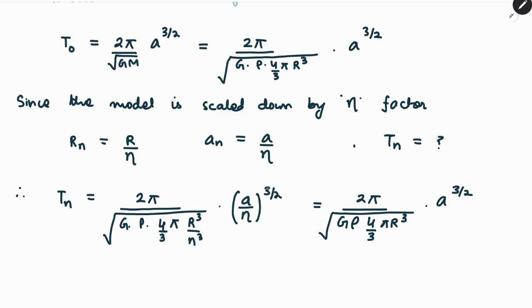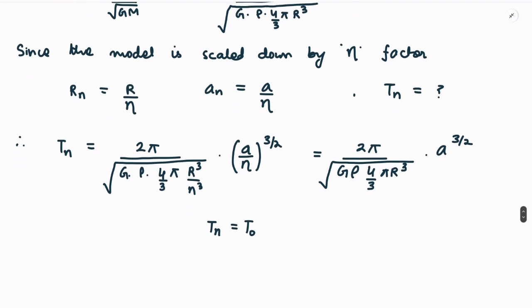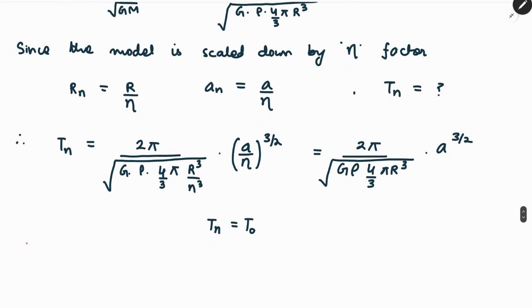So over here eta to the power 3 by 2 and here eta to the power 3 by 2 will cancel each other out, and we can see that T new is equal to T naught. So we can say that the time period of the revolution will remain unchanged.